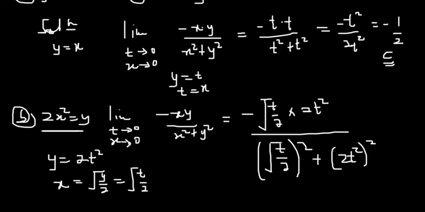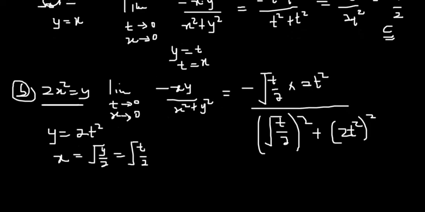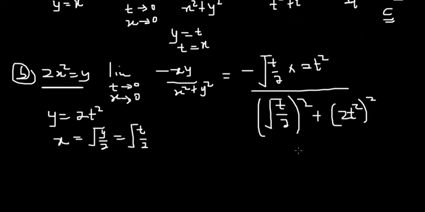Now from here you could just implement your simple algebra, because we know that t is approaching 0, okay? So it means that every t you see here is approaching 0. So it's either you use that, or you could first break this expression down so that you get it in the simplest form. So with that being said, let's see what we could do.